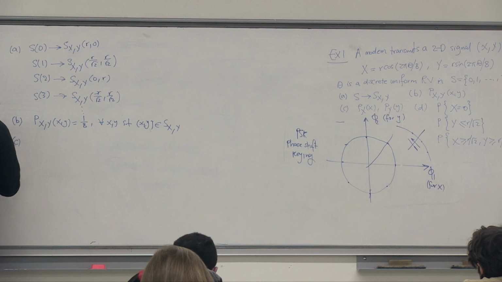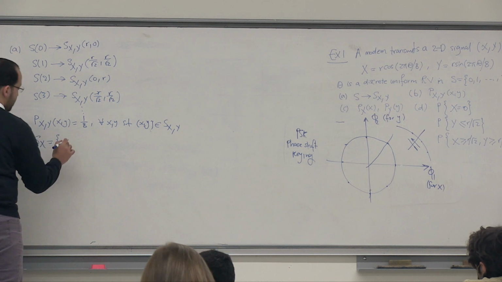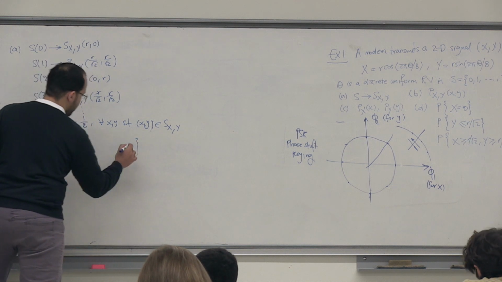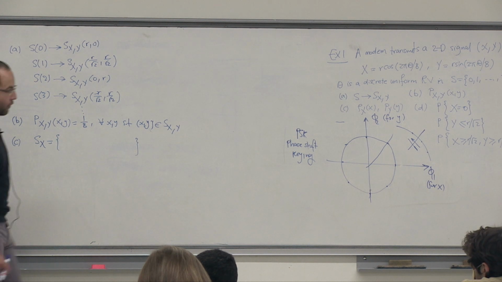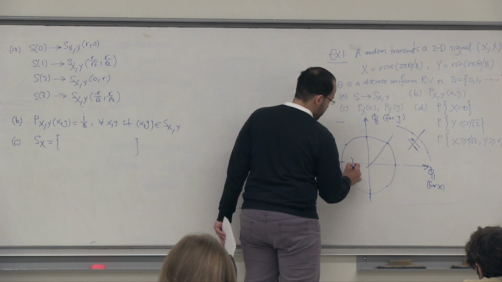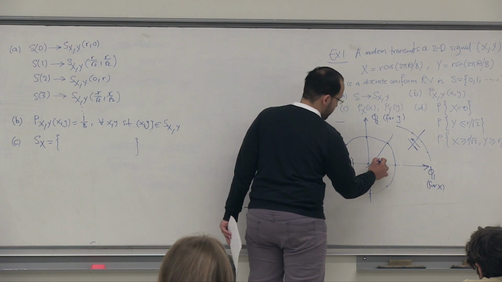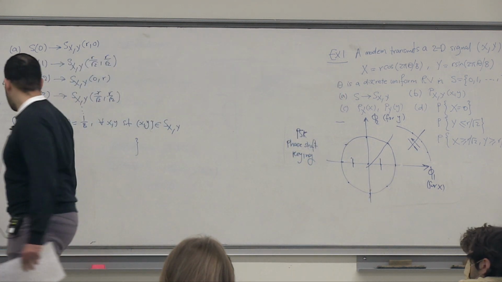All right, let's do the marginal. Before we do the marginal, let's put the sample space of X. What is the sample space of X? What are all the possible values X can take? From here, right? It's this value, this value, this value, this value, and this value, right? What are these?